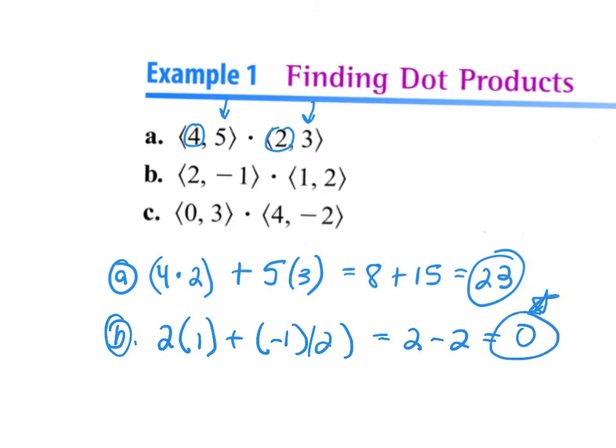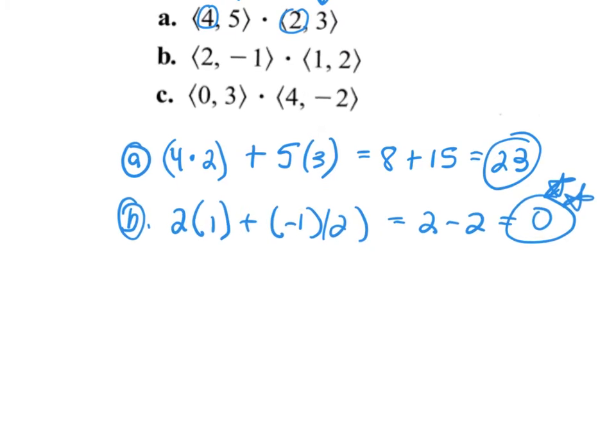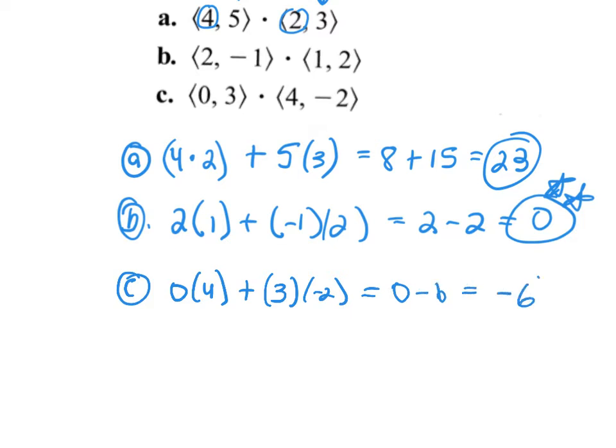We're going to put a star by that one. It means something. I'll show you in a second. Okay, let's do C. 0 times 4 plus what? 3 times negative 2. 0 minus 6 equals negative 6.